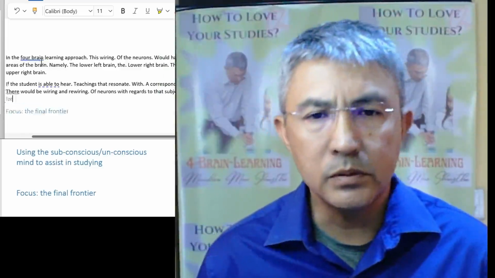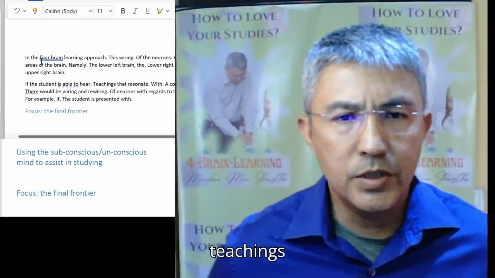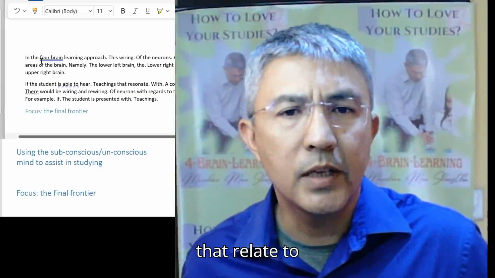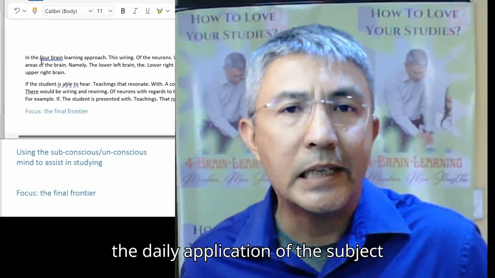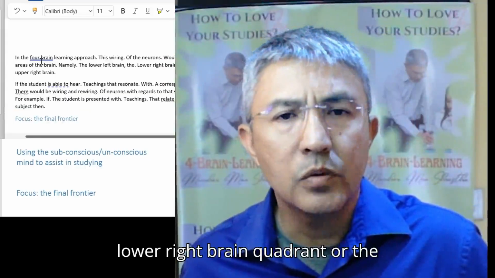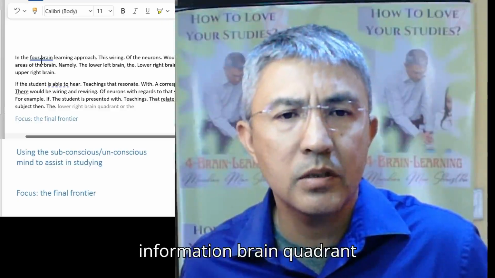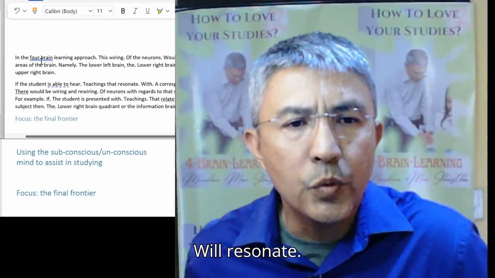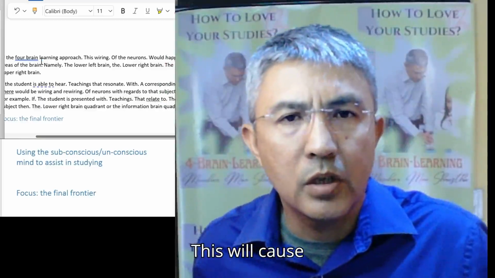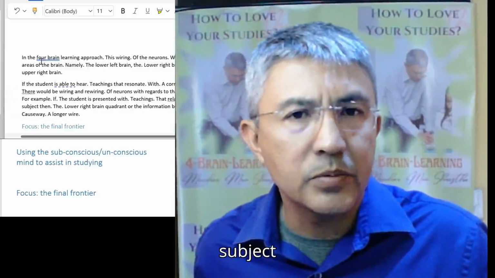For example, if the student is presented with teachings that relate to the daily application of the subject, then the lower right brain quadrant or the information brain quadrant will resonate. This will cause a longer wire connecting the subject.